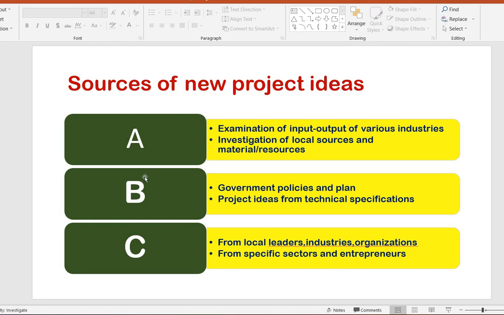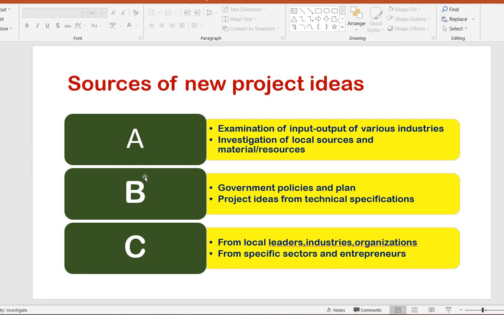As I mentioned already, for existing industries, we need to have an analysis, and we can examine what kind of inputs they are taking, and from that what is the result or the output in the form of a product or a service, and that can give us an idea: yes, we can change this, or we can have this sort of additional feature or additional service.